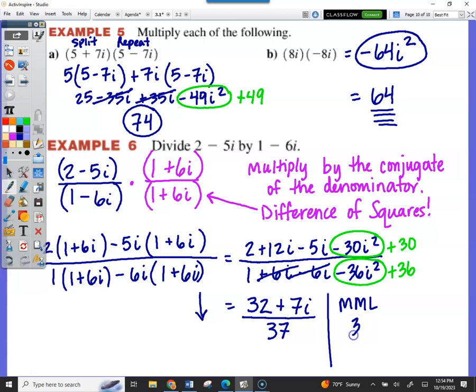So this is the equivalent that they would expect you to put in MyMathLab. That's how they want it. So make a note of that. They are the same thing. I personally feel like there's nothing wrong with this, but the algorithm in MyMathLab wants this.